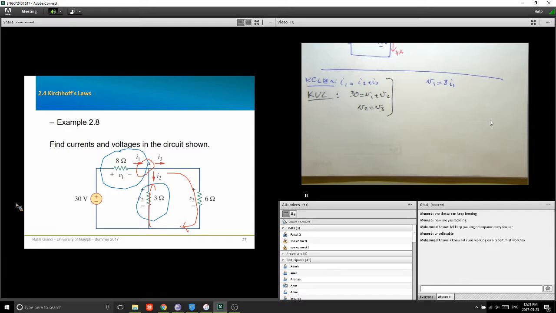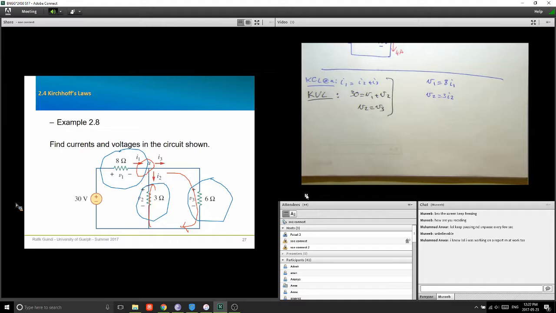Exactly, V2 equals 3I2. And what about the last one? I want Ohm's law for this one. 6 times I3. So V3 equals 6I3.